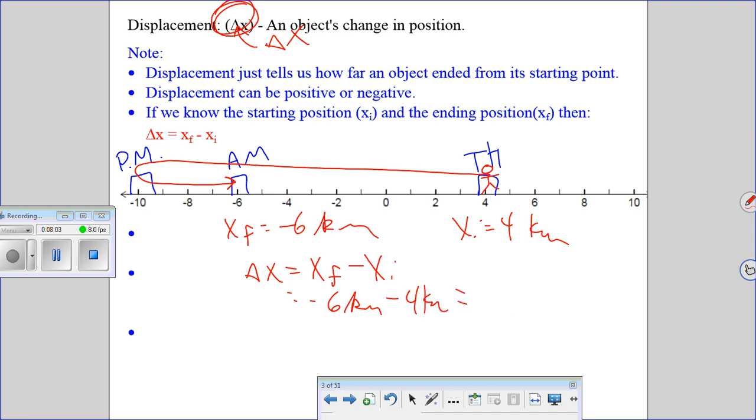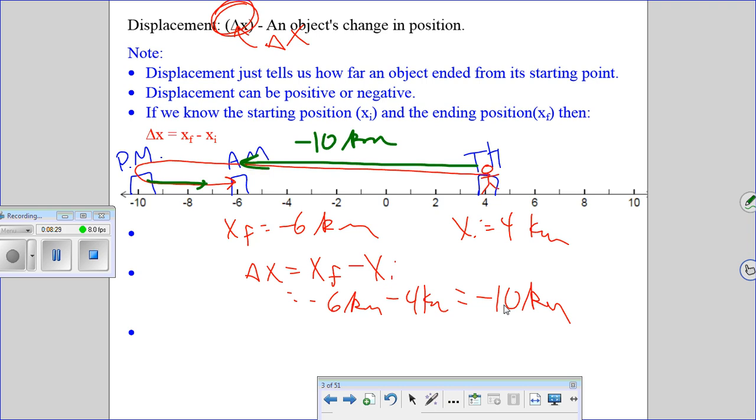When you subtract, you get -10 kilometers, which just means that he went backwards, or for us, left 10 kilometers. Now, that doesn't mean he was going left the whole time. Some of the time he was going right. But overall his displacement is -10 kilometers, or 10 kilometers to the left. So displacement includes the direction.